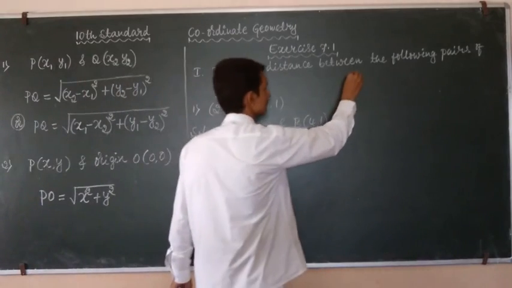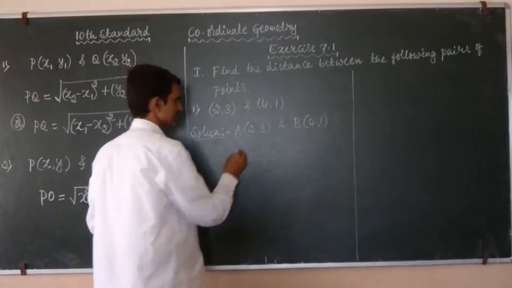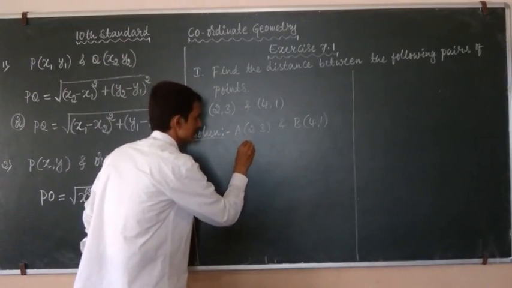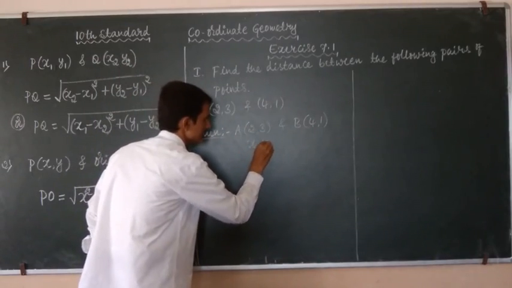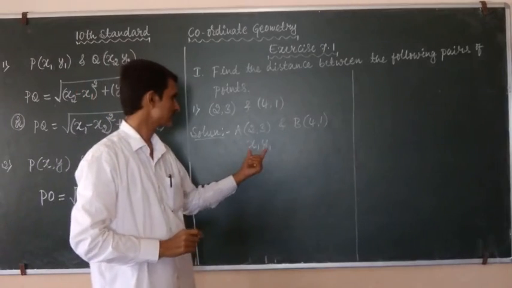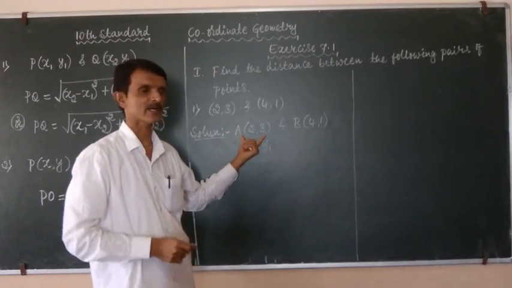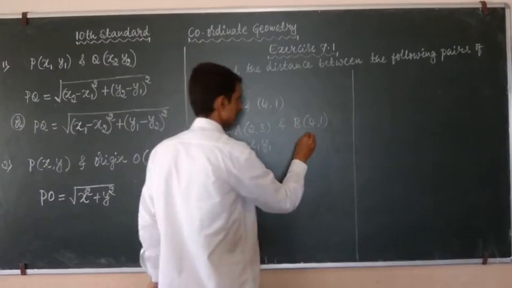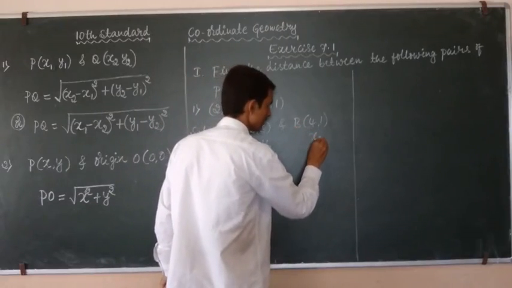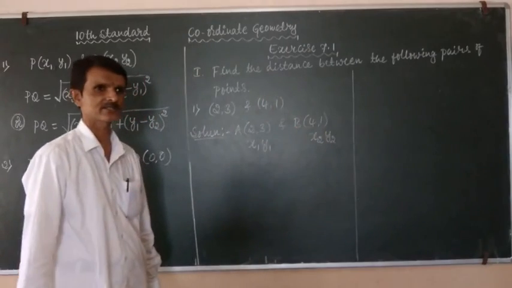So now, this will be x1 y1. Because I have taken this as the first point, this will be the value of x2 y2, which is of the second point.